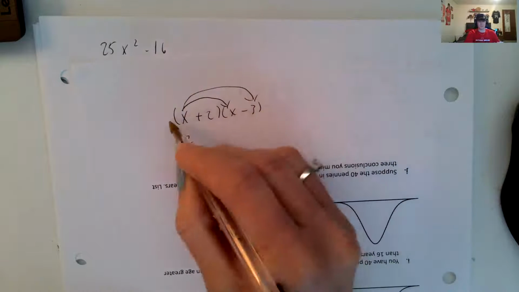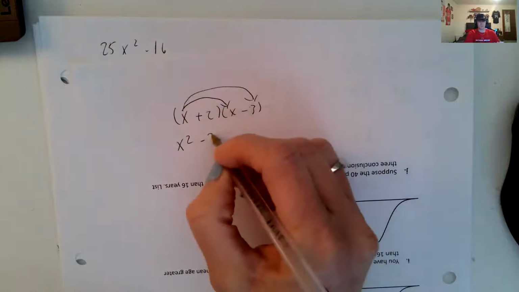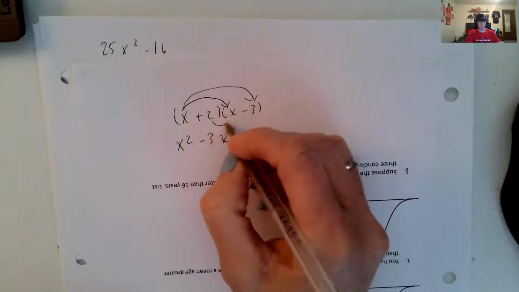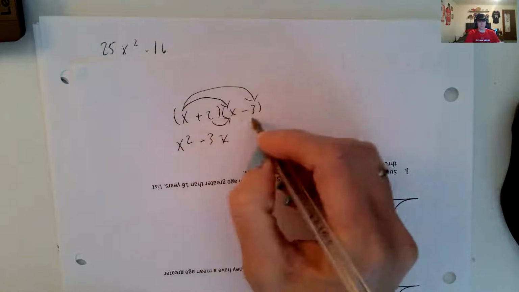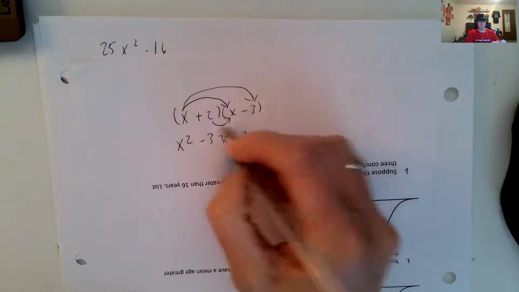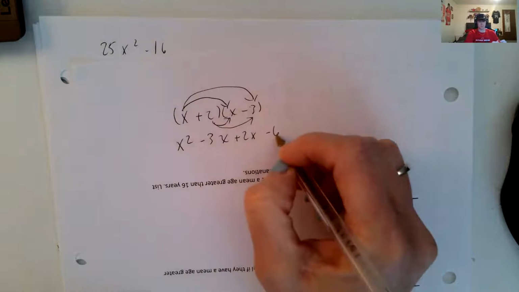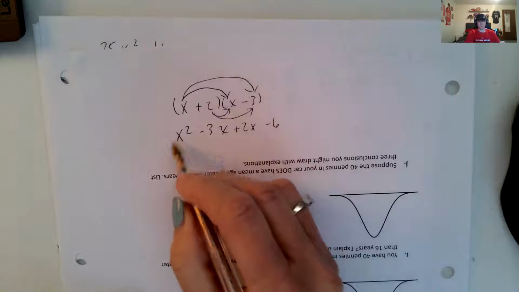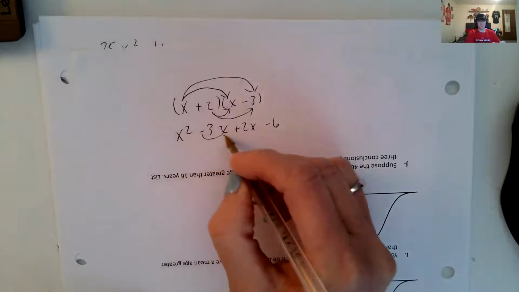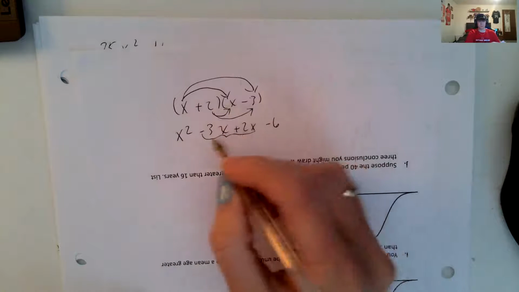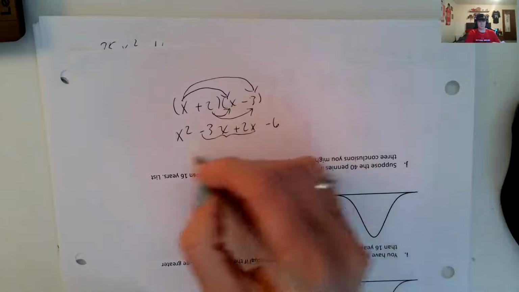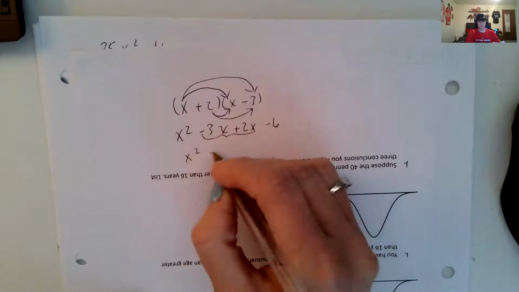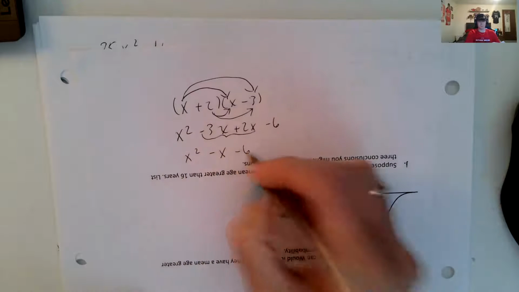And then when I distribute this x here, I get a minus 3x. Then I distribute my 2 to the other binomial: I have a positive 2x, and I have a minus 6. And so that's what makes the x squared. My middle terms will usually, not always, but usually be like terms that I can add. So x squared, minus x, and then minus 6.